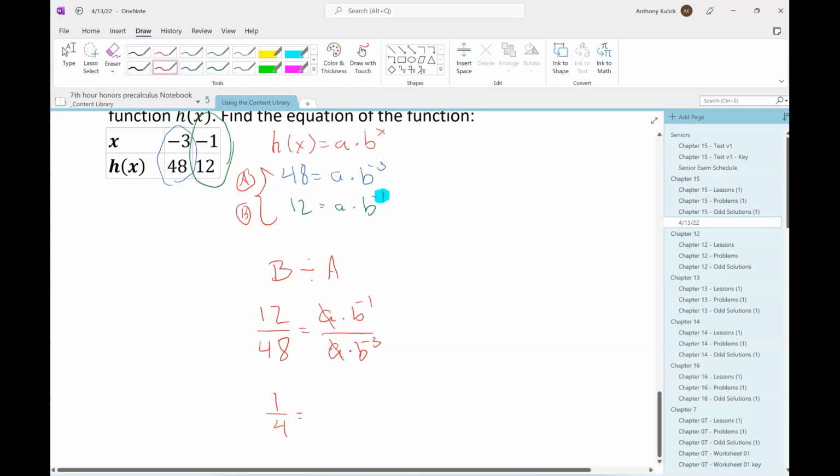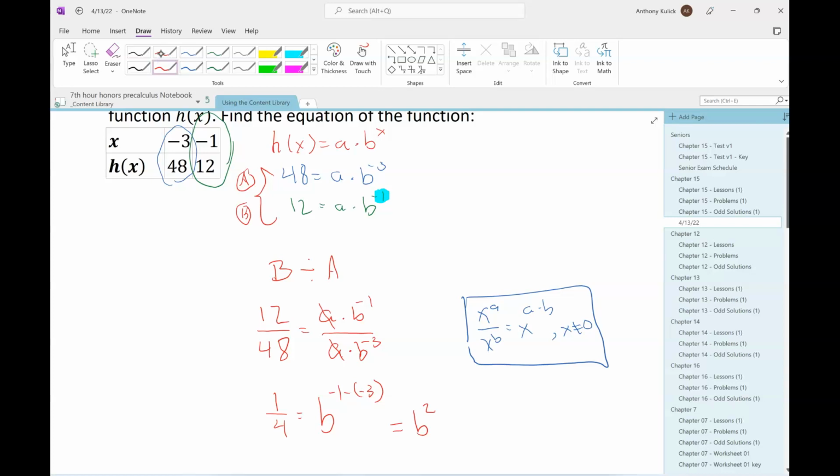The a's will eliminate. And then to simplify the b's, I'm going to do b to the negative 1 minus a negative 3, which is b squared. Again, the rule we're using there is that rule of exponents, right? When you divide, you're subtracting the exponents.